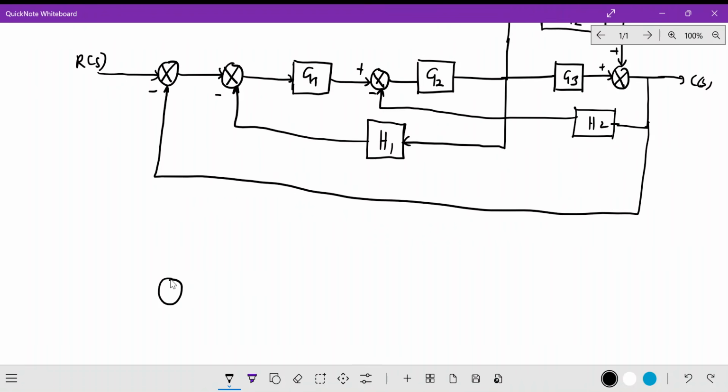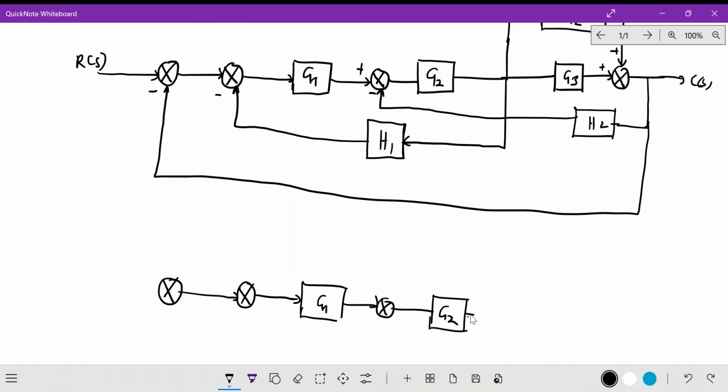So I'm going to redraw a flow diagram. G1 here, and then the summing point. Then I have G2, and then after G2 you notice, of course don't forget, there's also a takeoff point, and then after G2 those G3 and the other block are in parallel, so they'll be added.